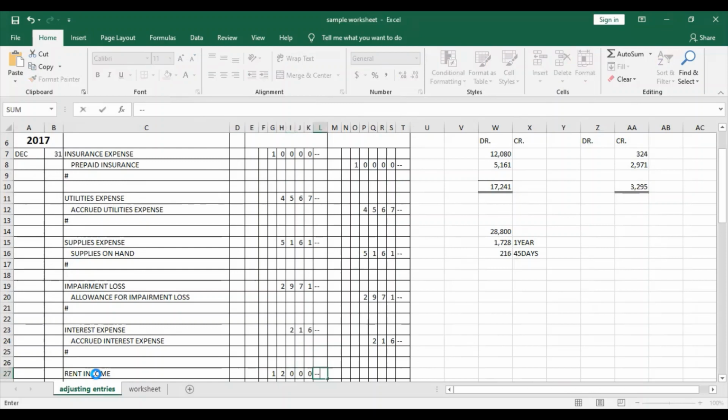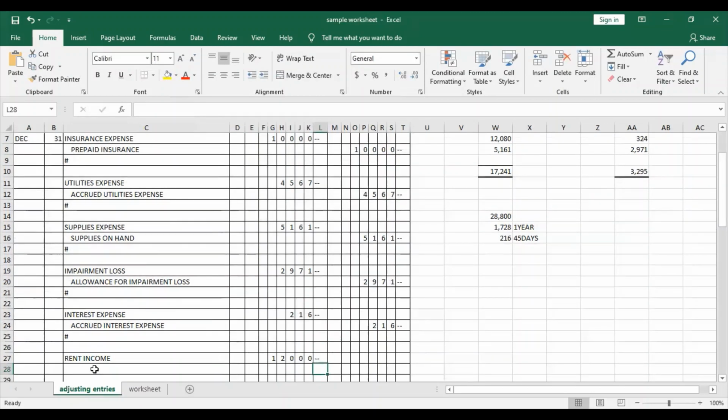So, we have to put rent income on the debit side, and then our credit will be the advance payment of 12,000. If it is an advance payment, meaning that advance payment is not yet earned. It is still unearned. Unearned income is a liability account. Every time liability increases, it is written on the credit side. So we have to put the credit unearned rent income. The amount of unearned income is 12,000.